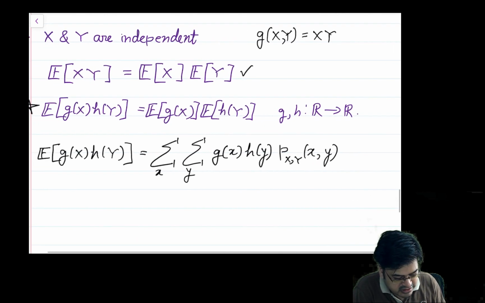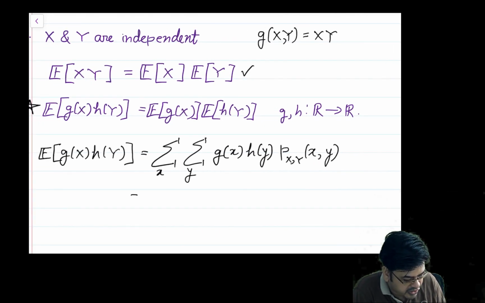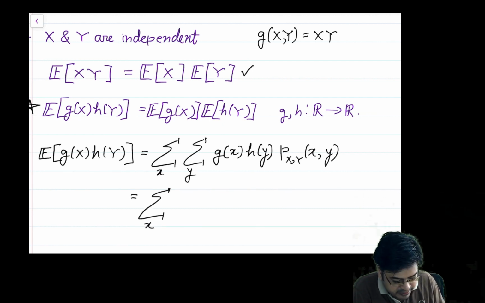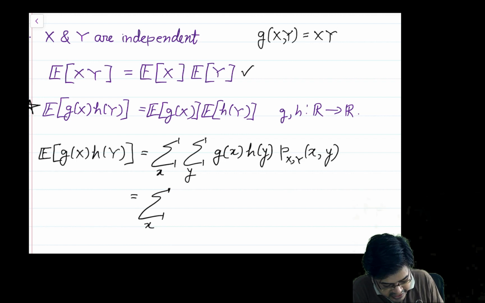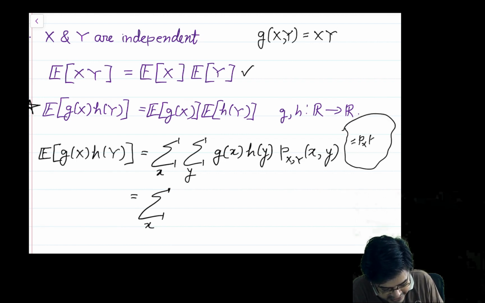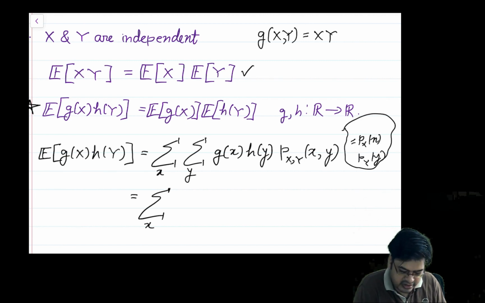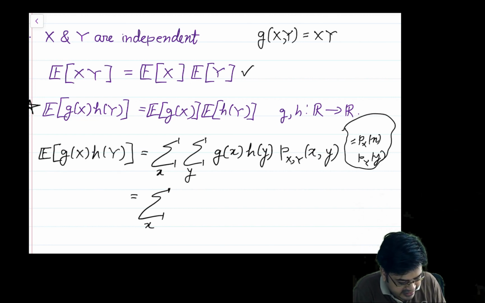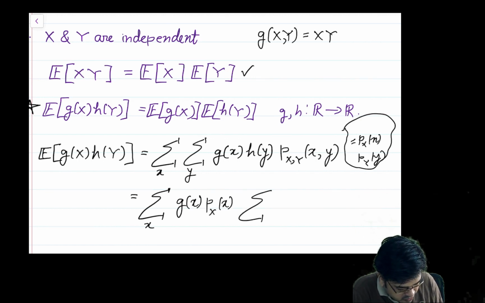This joint PMF splits into product. That gives you the hint. So if I write that joint PMF, let me write it here in the cloud. This is actually equal to p_X(x) into p_Y(y). So if this is the case, then I can easily split this as sum over x of g(x) p_X(x), times sum over y of h(y) p_Y(y).